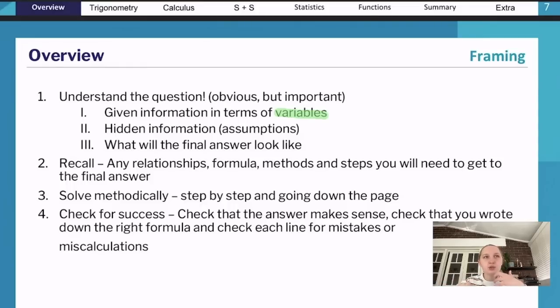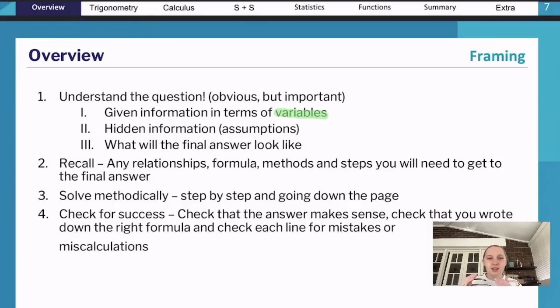Then there are also assumptions that they're trying to help you make given the information they give you. A lot of the time this happens in the form of question parts A, B, C, D, and it's assumed that you know that to answer part C, you'll need to use what you did in part A or part B. A lot of the time people forget that those questions don't exist in isolation.